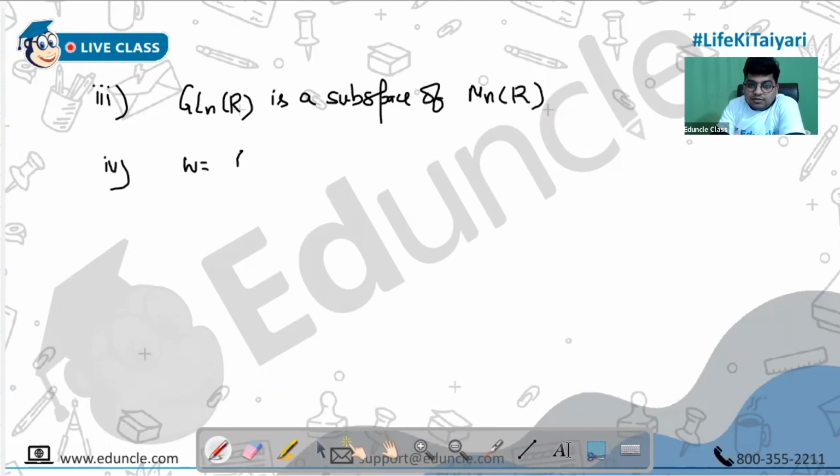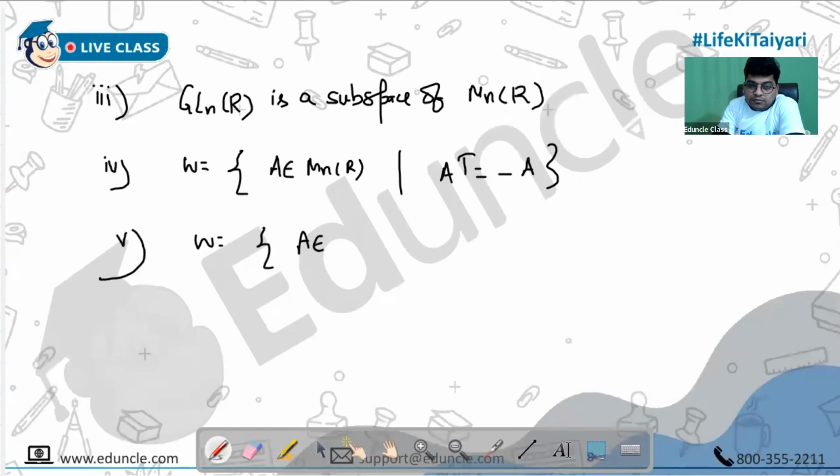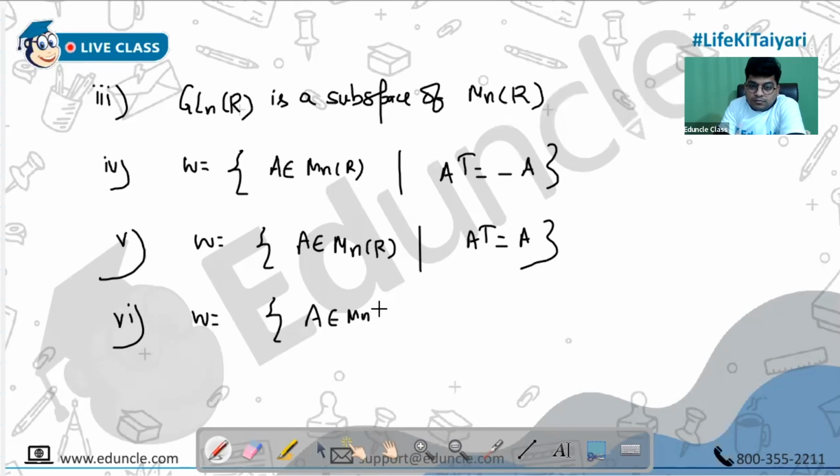W is a set of all matrices from MNR such that M transpose... Yes, this is a subspace, true or false?